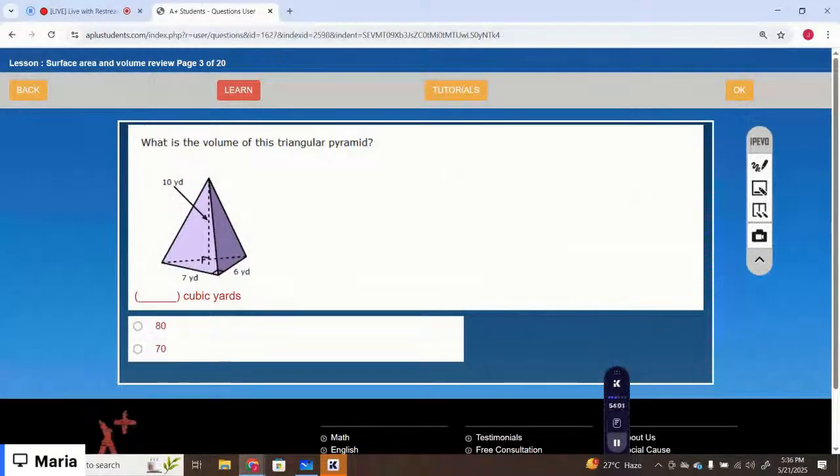So we need to calculate the volume of the triangular pyramid. That is V equals 1 by 3 times base area times height.